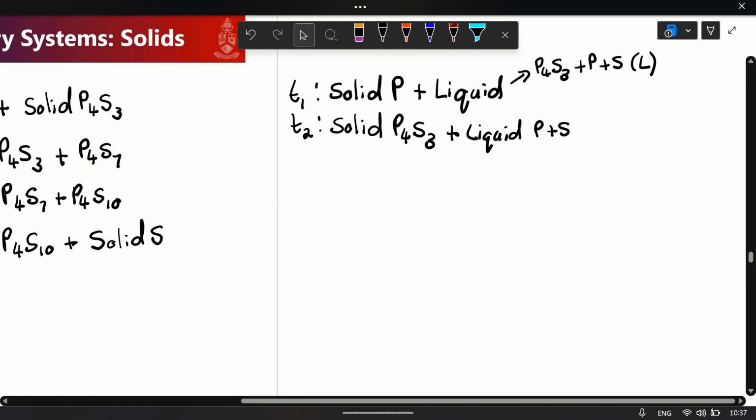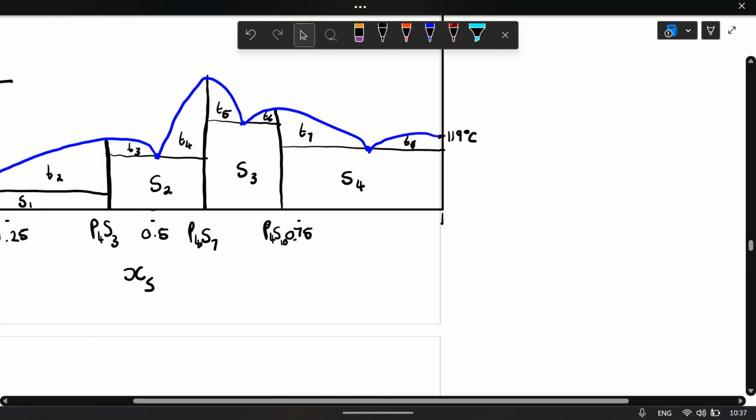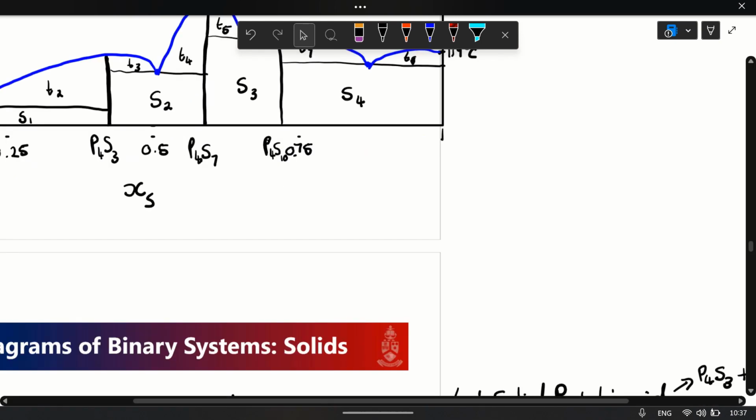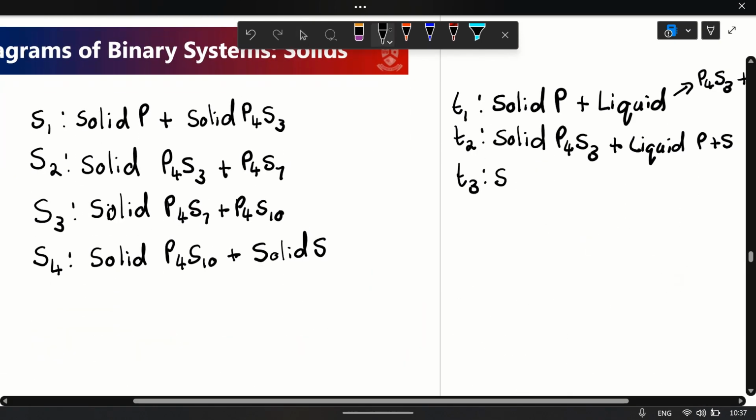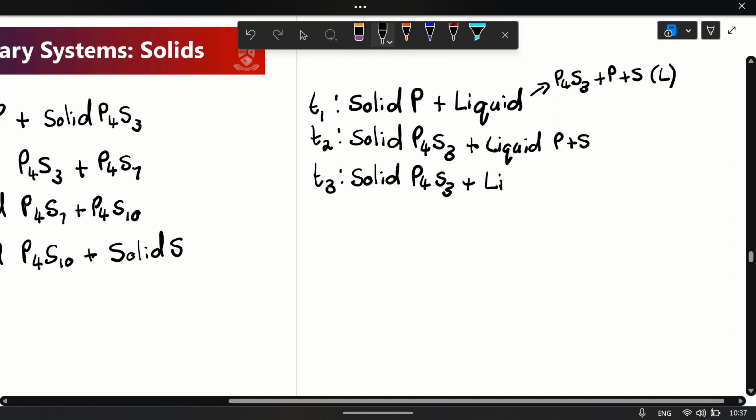Right? Then where's T3? T3 is to the right of our first binary compound. So we still expect it to be solid binary compound plus liquid phosphorus and sulfur, my apologies.